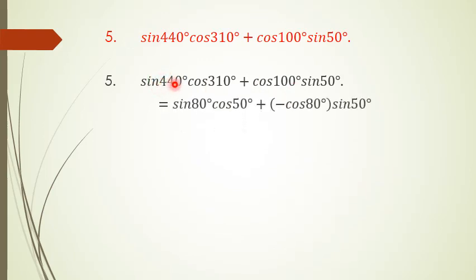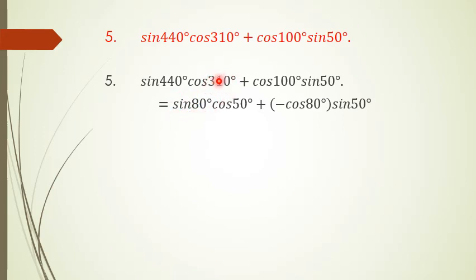The first one, 440 degrees, exceeds the period of the sine function, which is 360. So we begin by subtracting 360 from 440 to see what happens. So 440 minus 360 gives us 80, which is an acute angle. So we are done with that one.